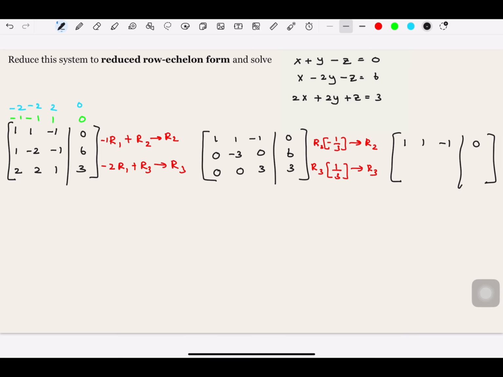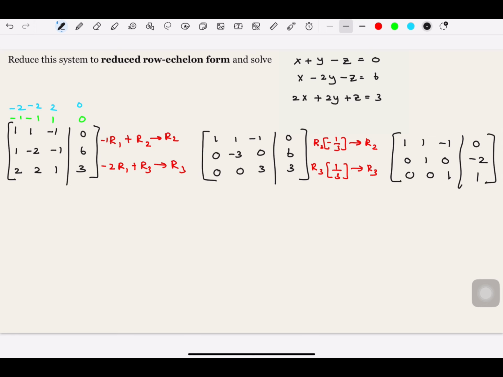It's not going to change, but each entry in the second row you have to multiply by -1/3. So zeros are going to stay as they are, but this one over here will be a +1, and this is going to be a -2. Great. Now this row over here you have to multiply by +1/3. 0 is going to stay as it is, 3 is going to change to 1.